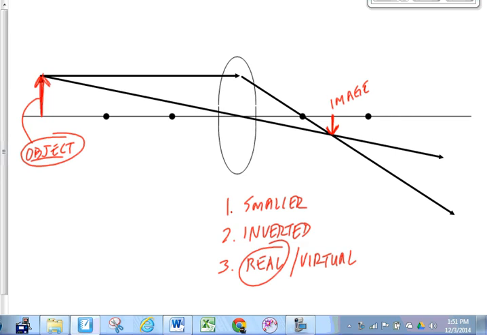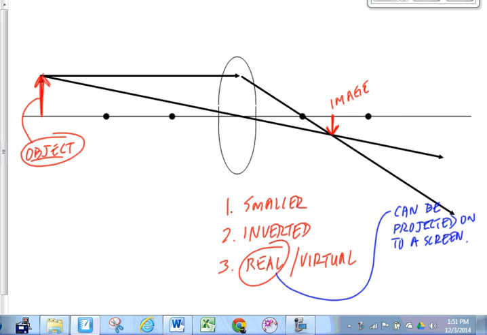A real image is an image that can be projected onto a screen. When I aimed that lens at the condos across the street, you saw the condos on that piece of paper. That image was projected onto a screen.